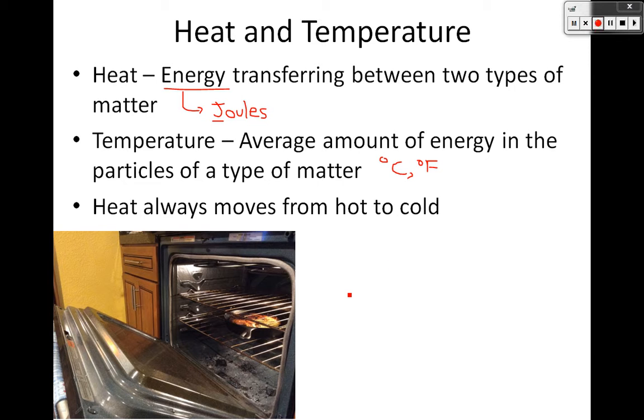So here we have a stove, and you just have to take my word that it was a hot oven. If it's hotter in the oven than in the surrounding air, the energy moves out. Now, it's possible that some air moves in, but air is matter, and we're not talking about matter right now, we're talking about energy.